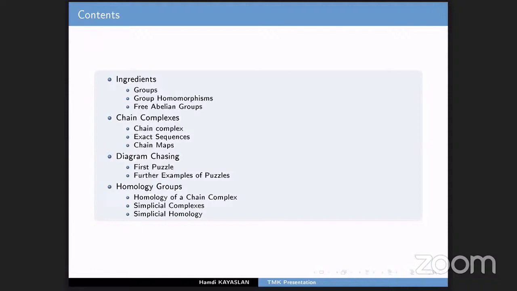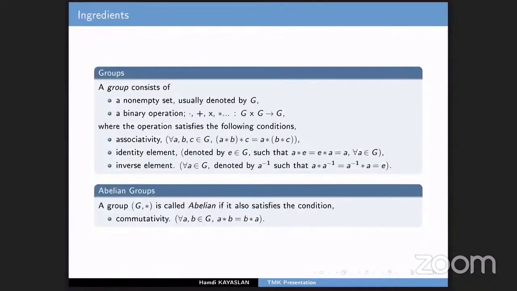So a group consists of a non-empty set, usually denoted by G, and a binary operation from G times G to G, where this operation satisfies some set of conditions. The first one is that this operation should be associative, and this operation should have an identity element and inverse elements.